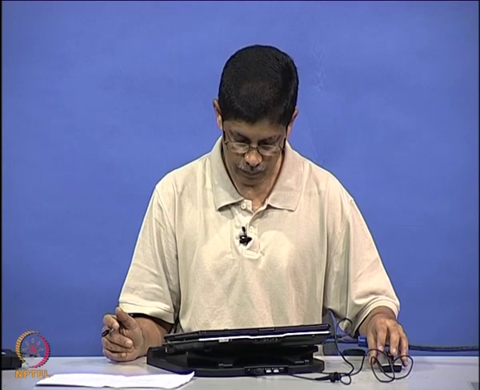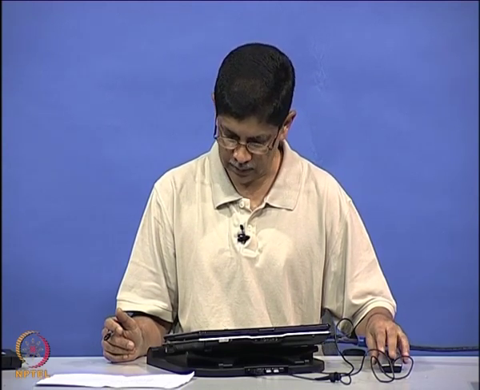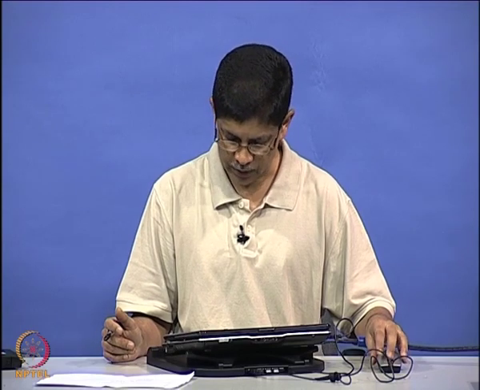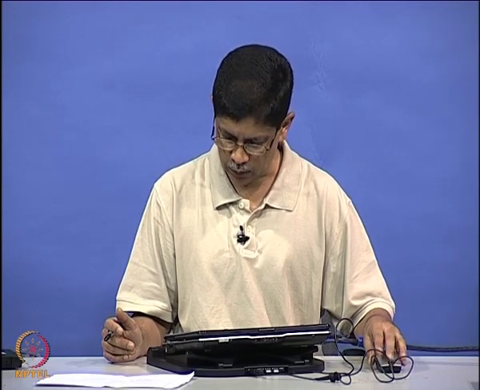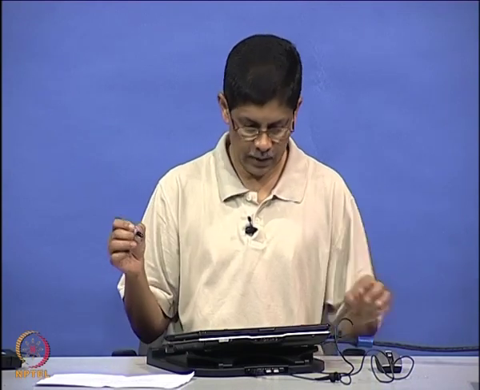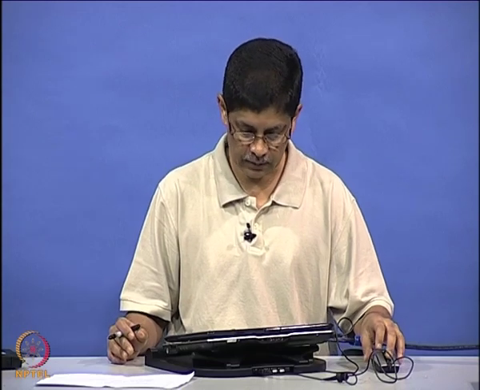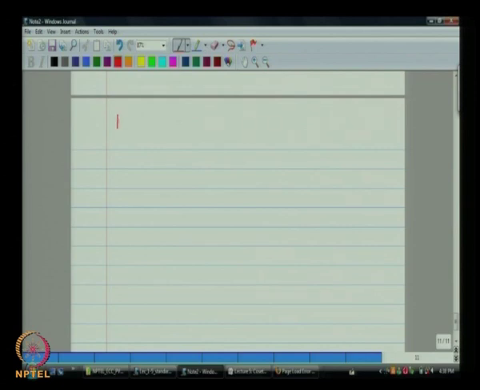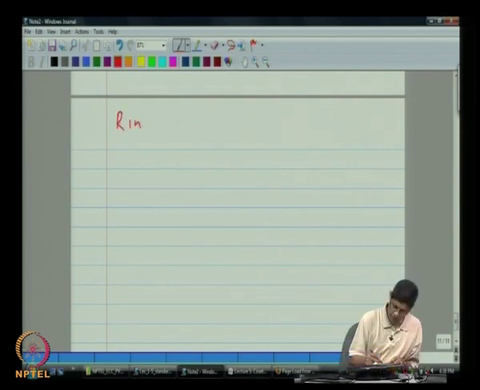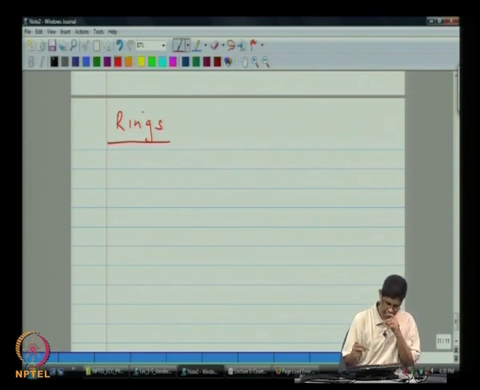So we are done with equivalence classes for now. Now we'd like to move on to talking about a new type of algebraic structure, which is called a ring. So what is a ring?